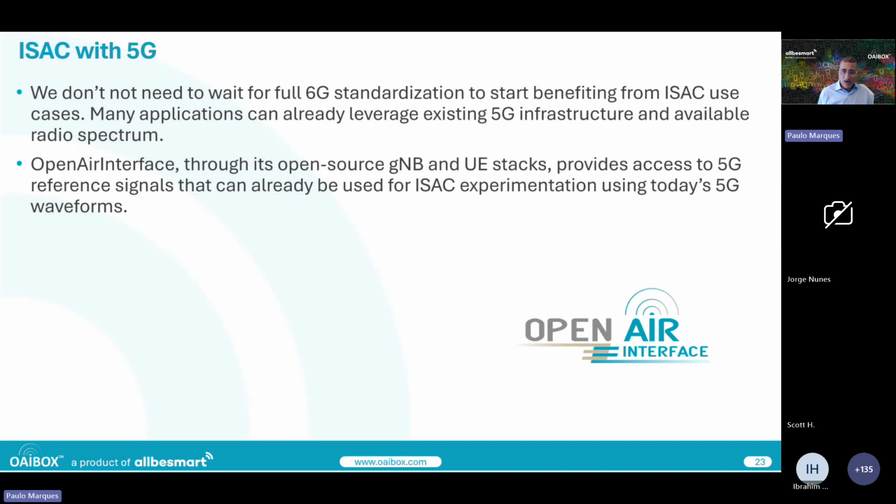Many applications can already leverage existing 5G infrastructure and reference signals, reusing the available radio spectrum. For this, OpenAirInterface, through its open source gNodeB and UE, provides access to the 5G reference signals that can already be used for ISAC experimentation using today's 5G waveform. So the focus of today's webinar is more on reusing the existing 5G waveforms rather than designing new waveforms to improve sensing.